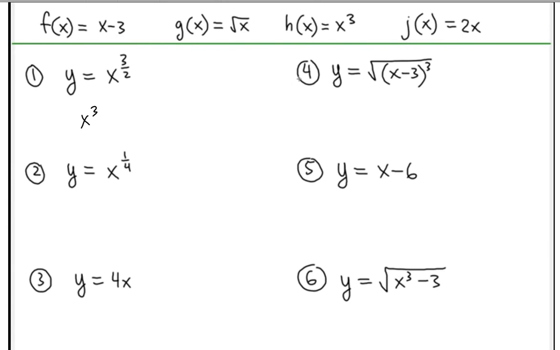And now what you want to do, you want to take the square root of this x to the 3rd. So if you take the square root, notice what will happen. As a result of this, you're going to have basically the h of x being plugged in to the g of x function, right?